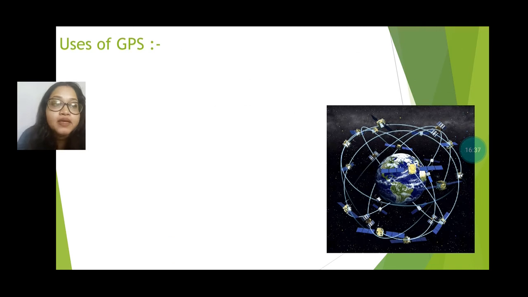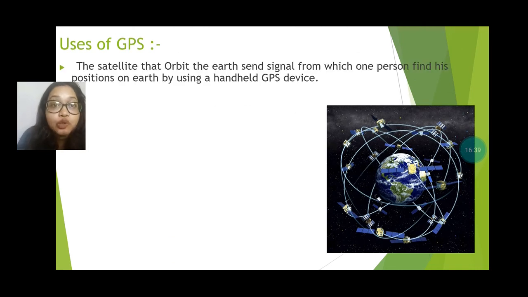Okay. Now we will discuss the uses of GPS. The satellites that orbit around the earth, as you see in the picture, send the signal of the positions of any places on the earth to any handheld device.